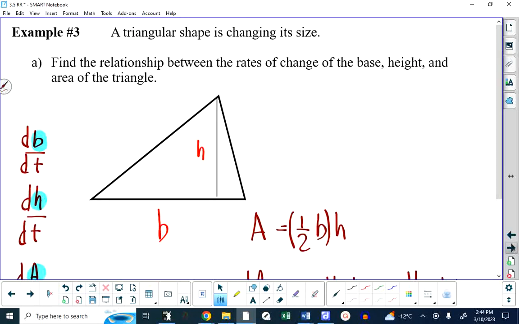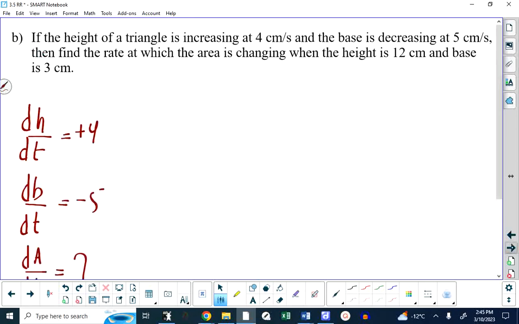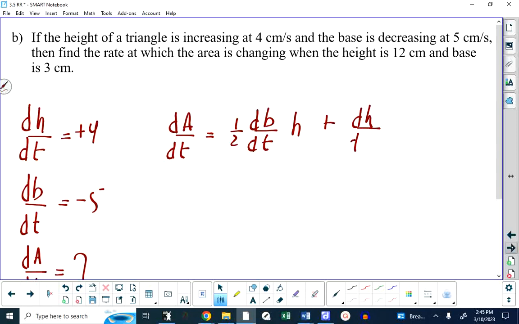And that's why when I do these questions, I make this list of rates of change, and I don't include the variable values. It's my way of reminding myself I have to do this first. So, let me write this out again: dA/dt equals 1/2 dB/dt times h plus dH/dt times 1/2 b. Am I right?